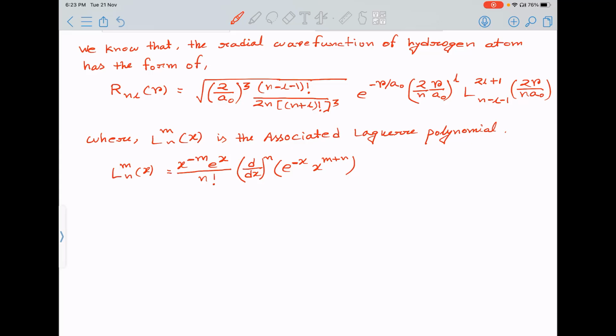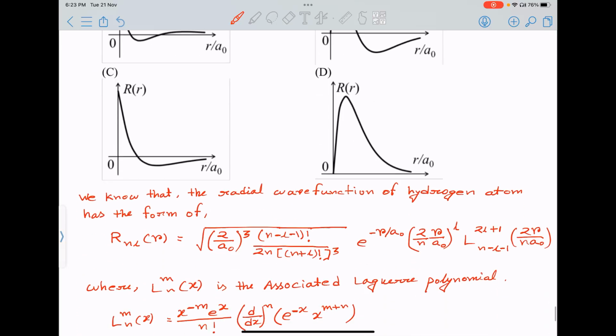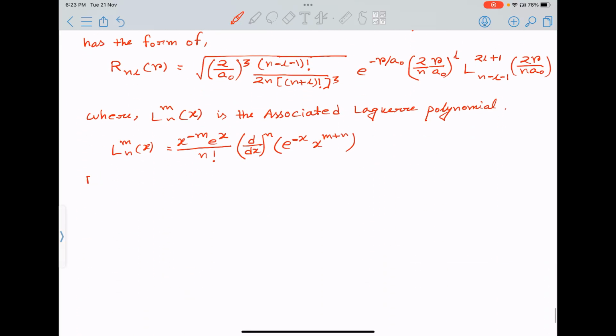So the state is given as 3p. For the 3p state we have n equals 3 and l equals 1. For p we know that l equals 1.